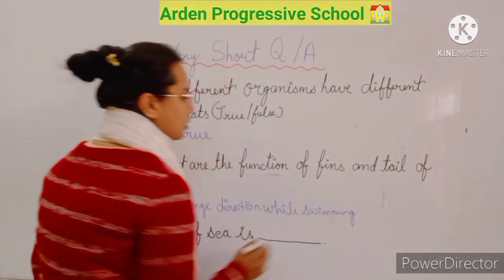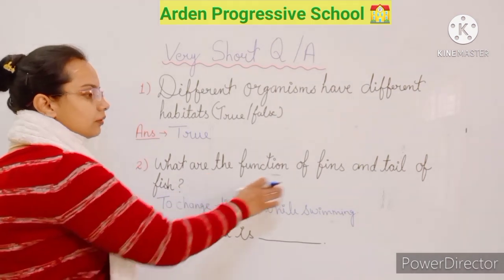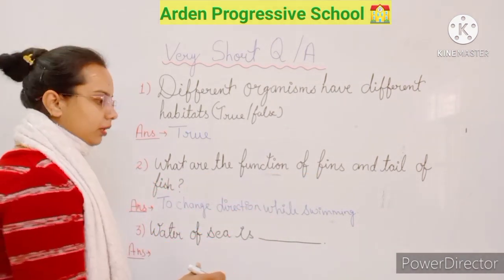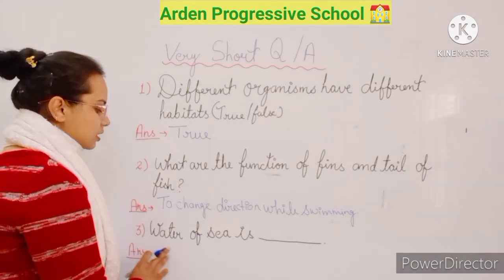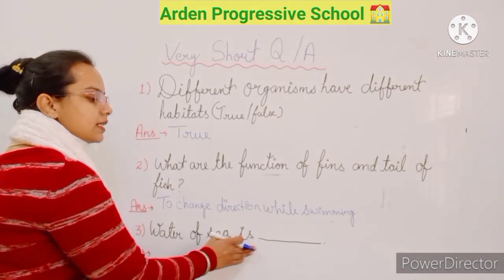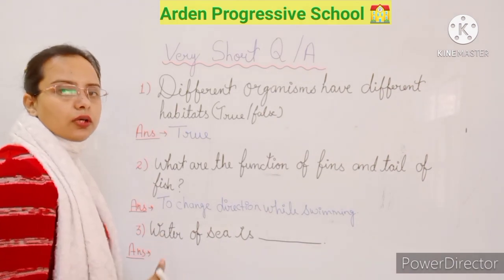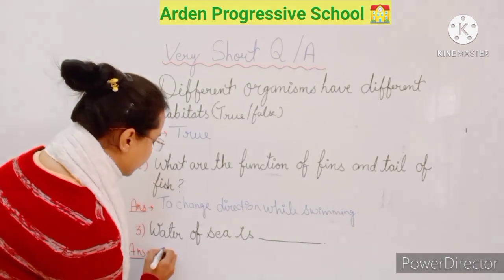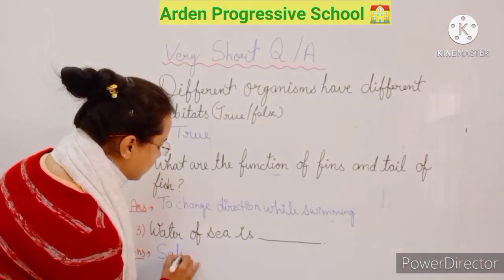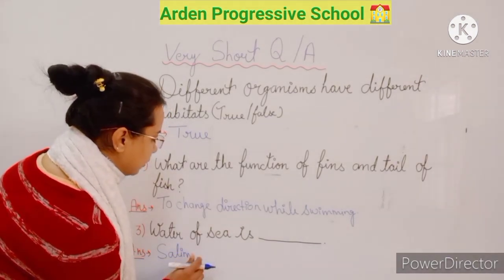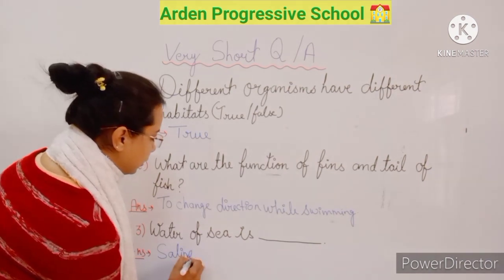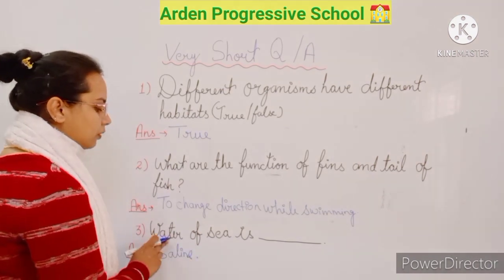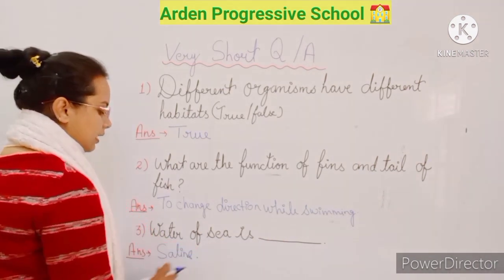So the fish uses the fins and tail to change direction while swimming. Next question is: water of sea is dash. So the water of the sea is saline. Okay, so the water of the sea is saline.